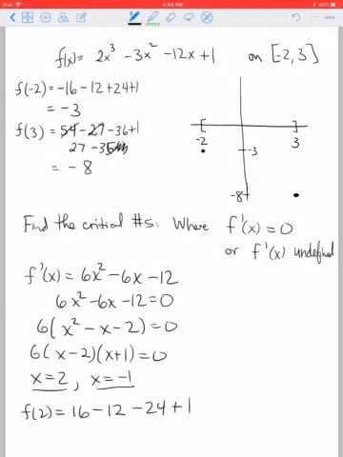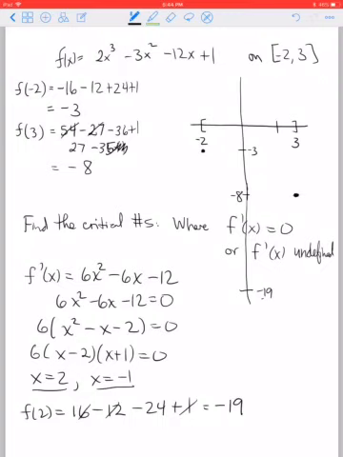Okay, so it's going to be 4, and we add 1 is 5. 5 minus 24 is negative 19. So, oh boy, I guess we better make our graph a little bit bigger. So negative 19 is going to be down here.